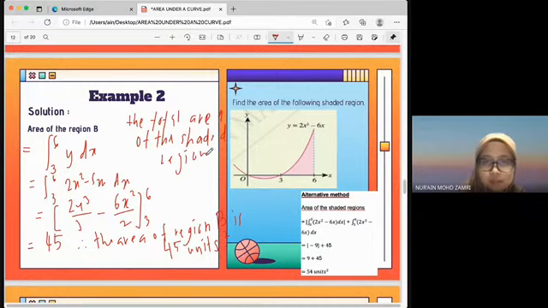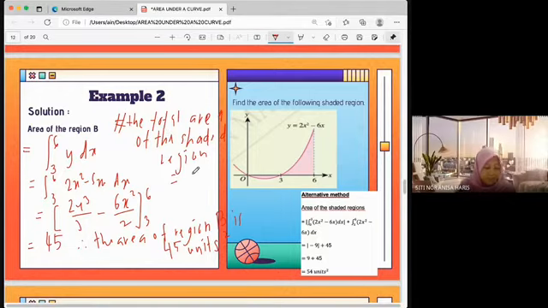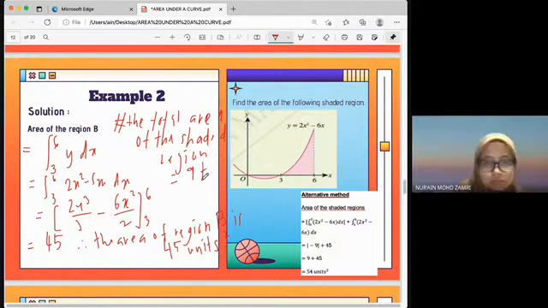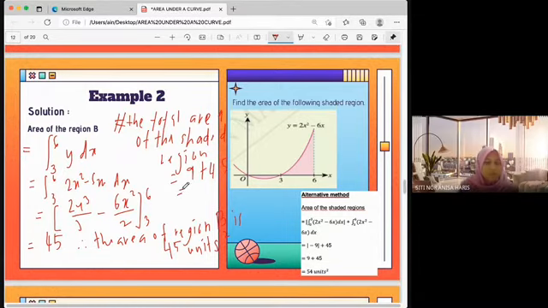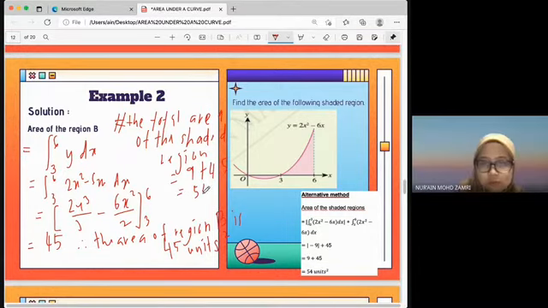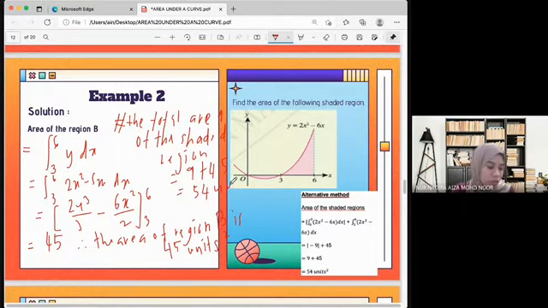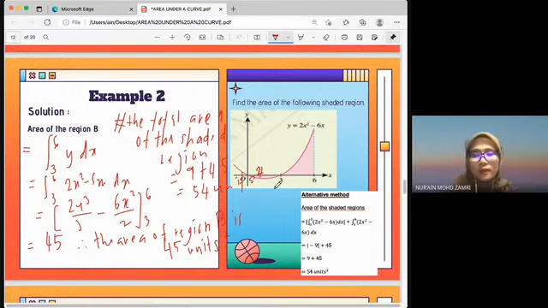Can anyone answer? 9 plus 45 equals 54 units square. Right.